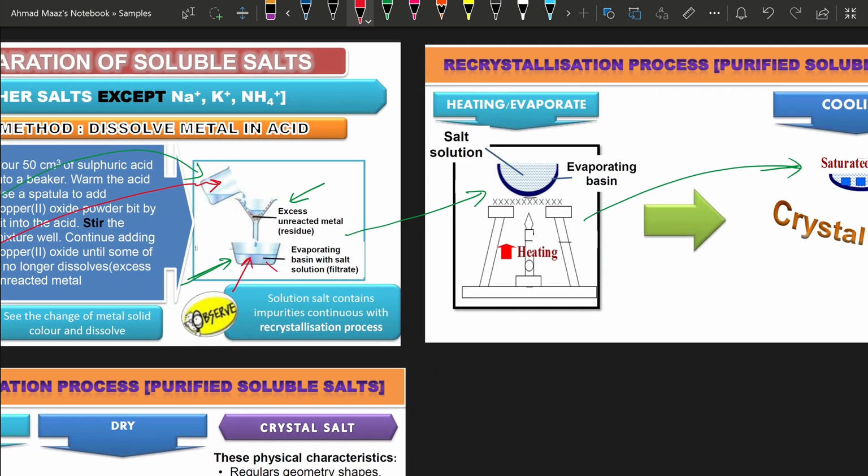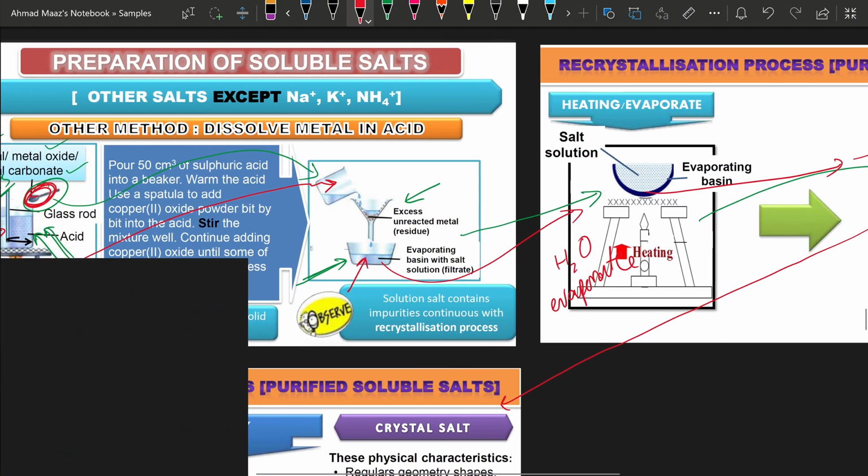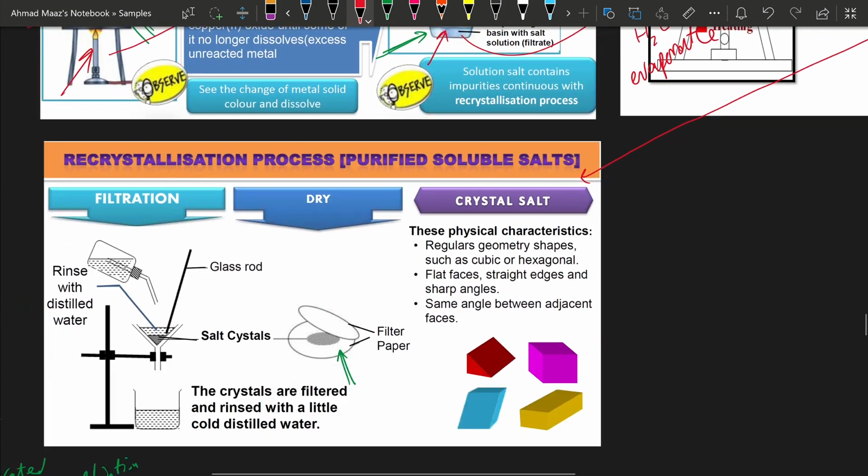So this copper sulfate solution will be heated to evaporate water. Water will be evaporated and we'll be left with a solution of copper sulfate. So we'll leave it for cooling, and crystals will start to form. These crystals will be formed in water, and excess water will be removed.